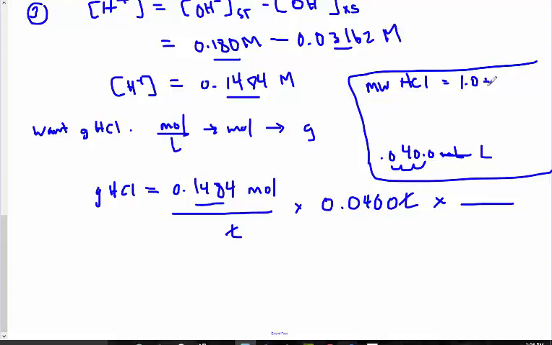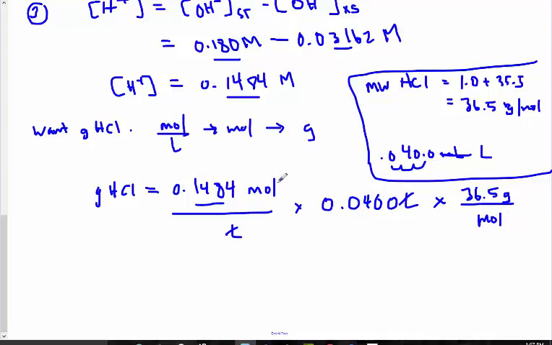So that's equal to 36.5 grams per mole. So here where I want to convert, I'm going to make sure I put the 36.5 grams on the top of my conversion factor and the 1 mole goes on the bottom. So I'm multiplying by molar mass or by molecular weight, whatever you want to call it.